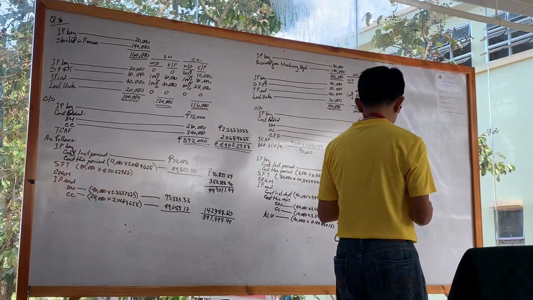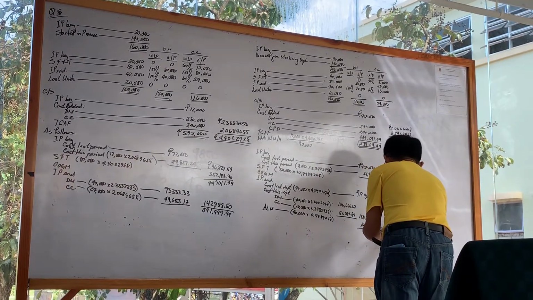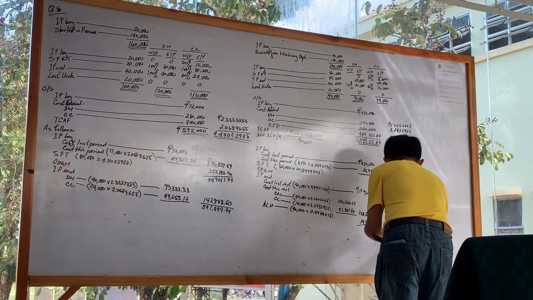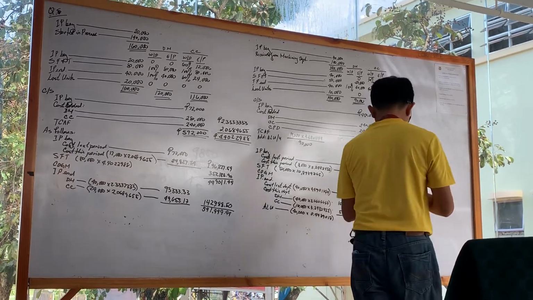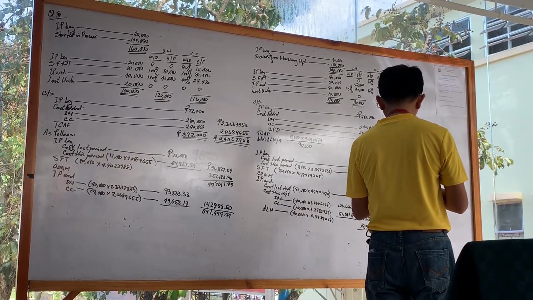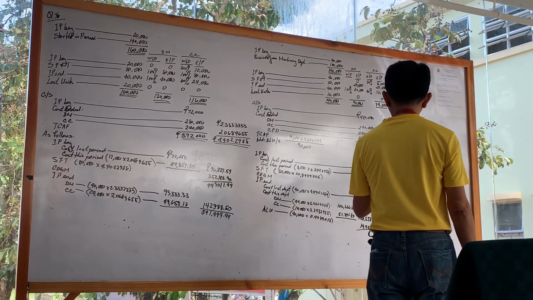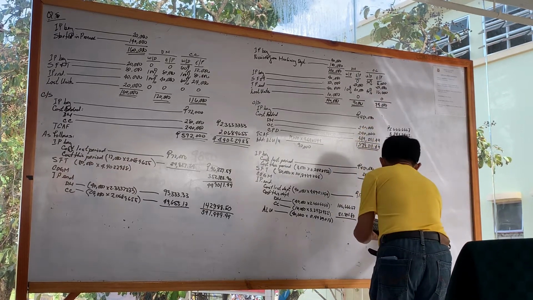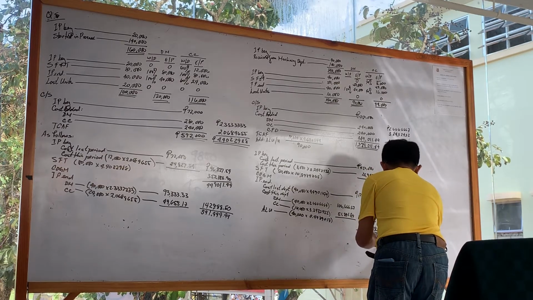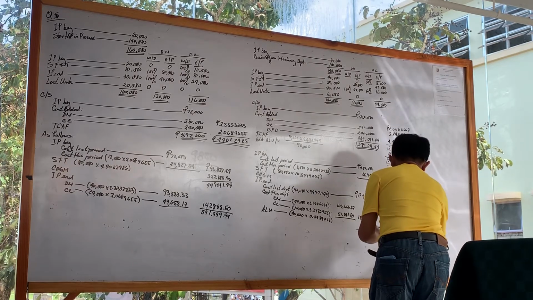Total 358,119.23 plus 1,020,892.28. That will give you 1,379,011.51.